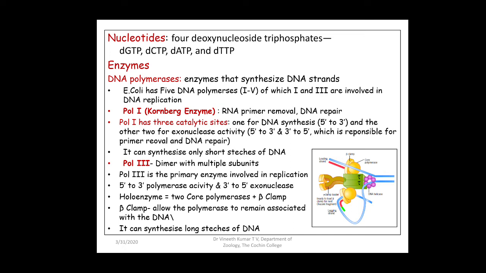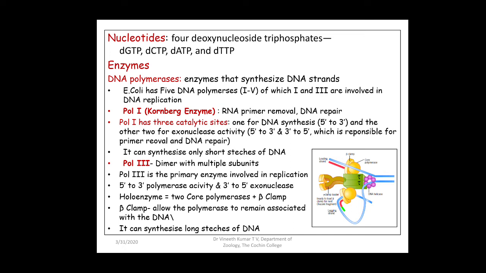Pol 1 has exonuclease activity in both directions, 3' to 5' as well as 5' to 3'. The problem with pol 1 is that it can synthesize only a short stretch of DNA, so this is not the main enzyme involved in DNA replication.